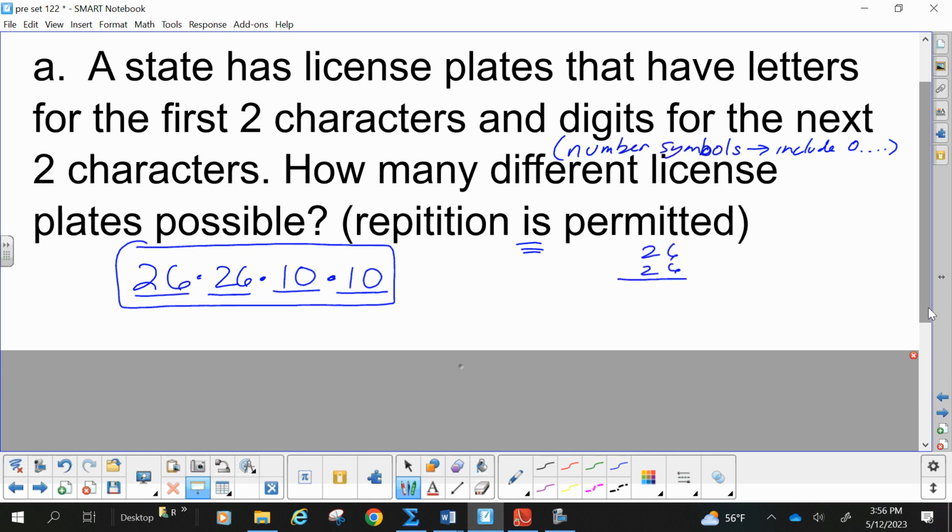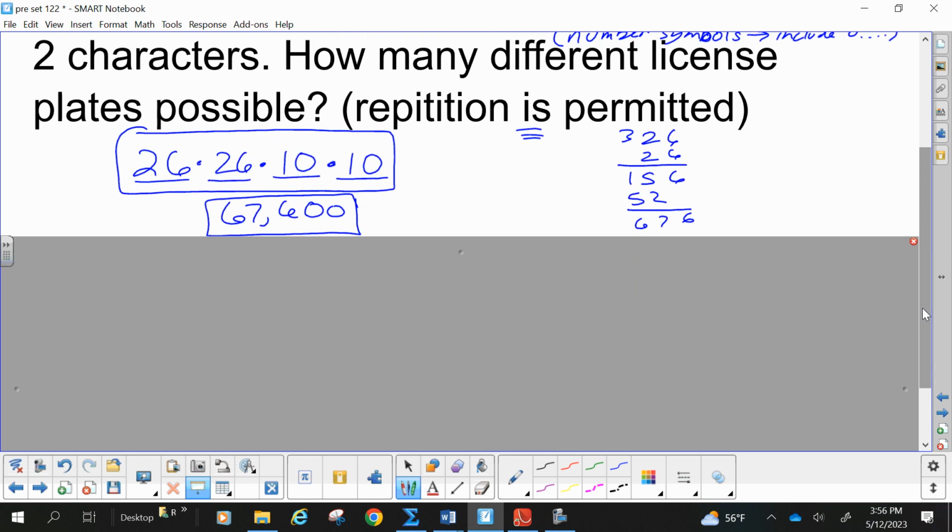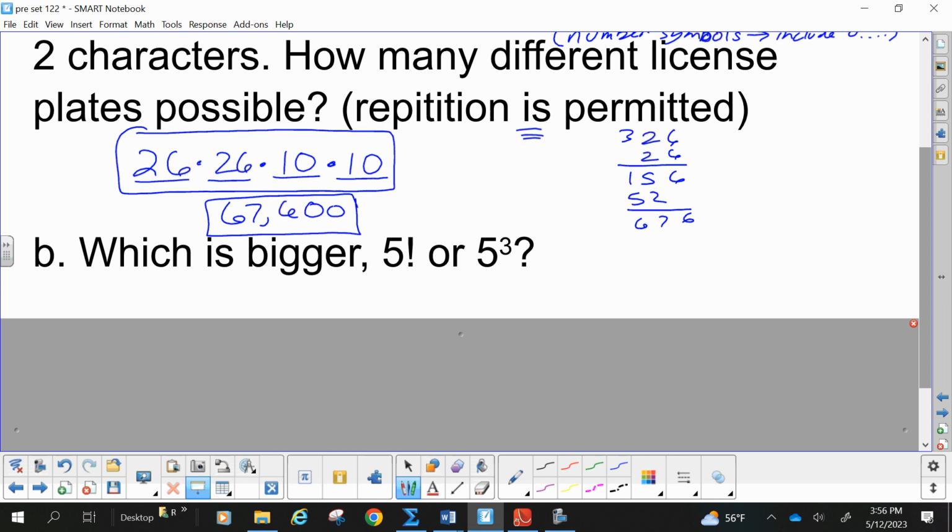So if I do that, I get 676 with 2 zeros. So this state would have to be very small, 67,600 plates. Whee!